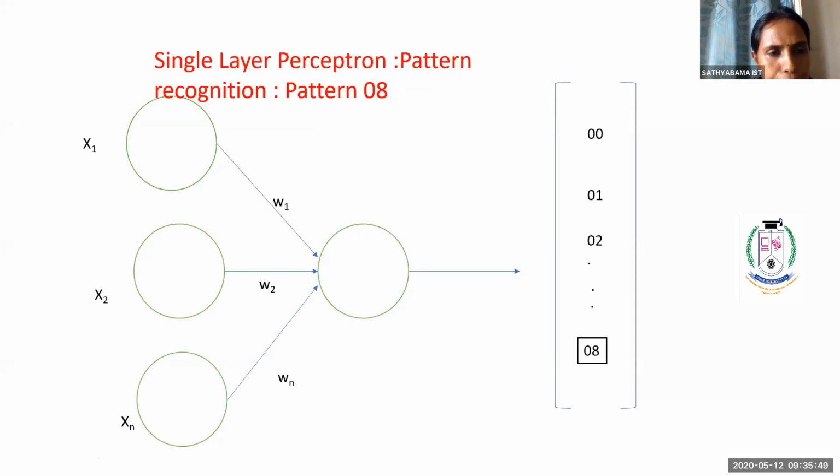Before getting into the multi-layer perceptron, you already had a discussion about the single layer perceptron in the last online class, so I'll give you an overview of it. In the name itself, we have only an input layer as well as an output layer.